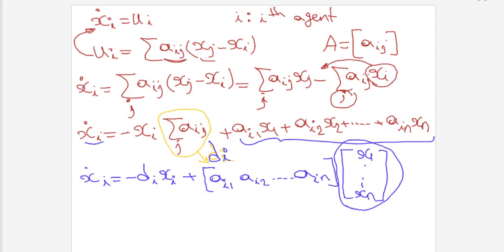We name this as X, x1 through xn. Let me go to the next page and write it there. xi dot equal to minus di xi plus ai1 through ain multiplied by x.